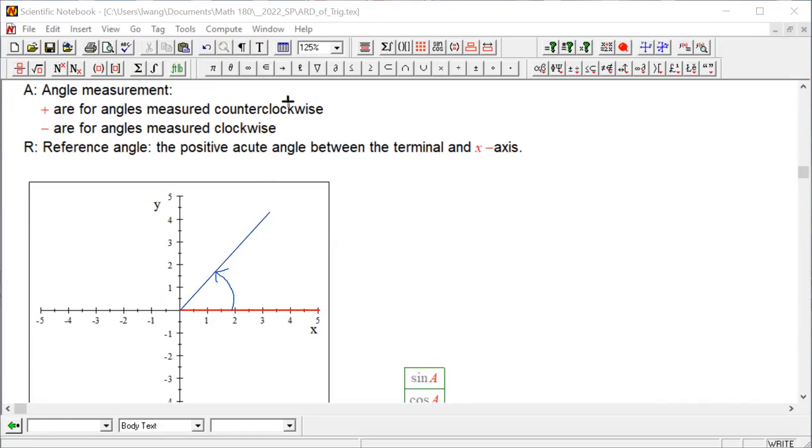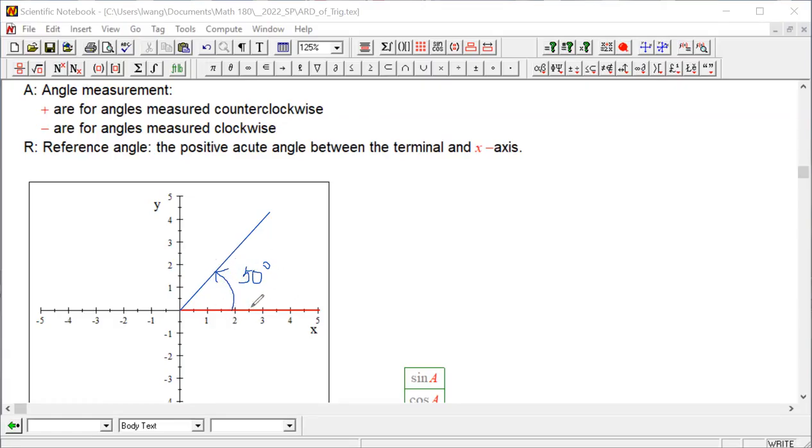Suppose this angle is say 50 degrees. It doesn't have to be one of those special angles. The positive acute angle between the terminal and the x-axis is the 50 degrees itself. So this 50 degree angle is also the reference angle for the 50 degree angle we just measured.